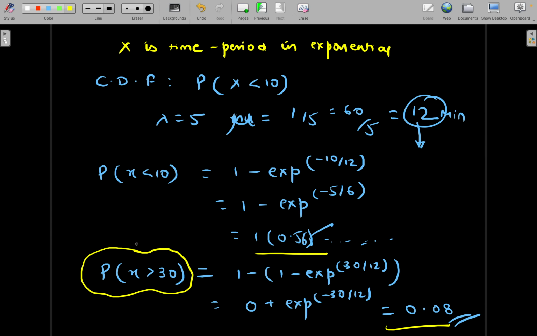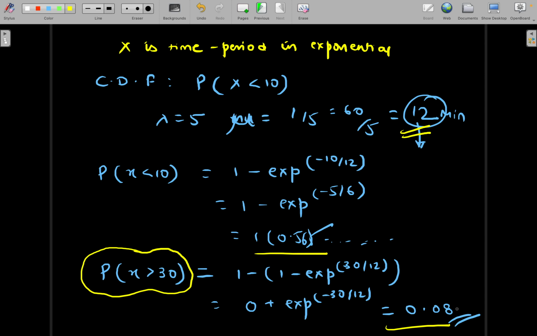Now think, if on an average one event happens every 12 minutes, and for the first 30 minutes no event happens at all, that should be unlikely. But there is still some chance, an 8% chance, of nothing happening in the first 30 minutes.